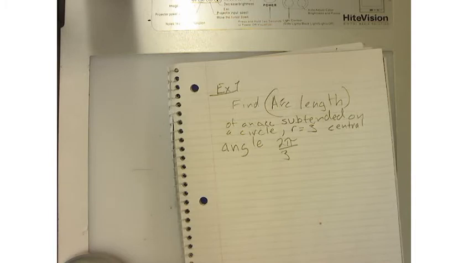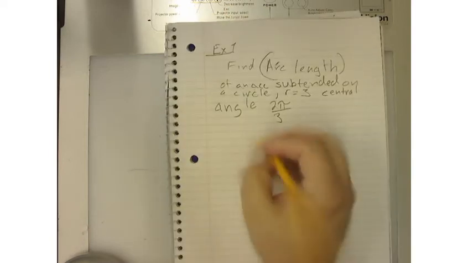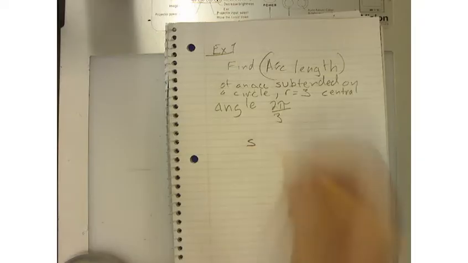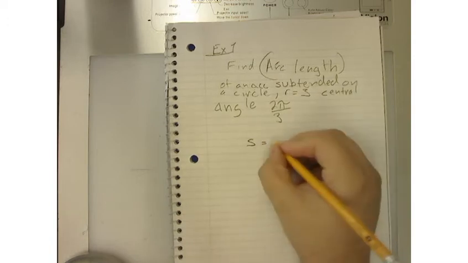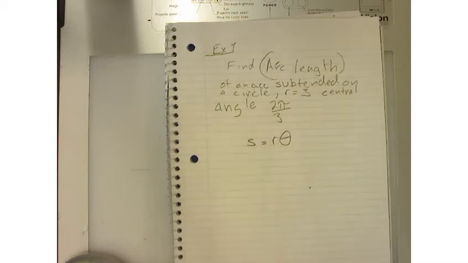And so there's a formula for that, and I always remember it because my college professor said standing room only. So the arc length S is equal to the radius times theta.